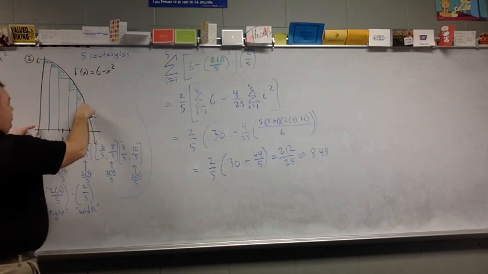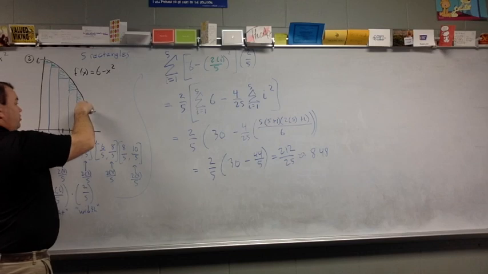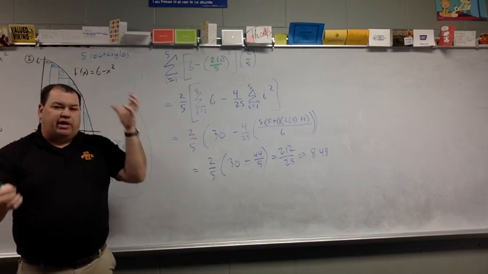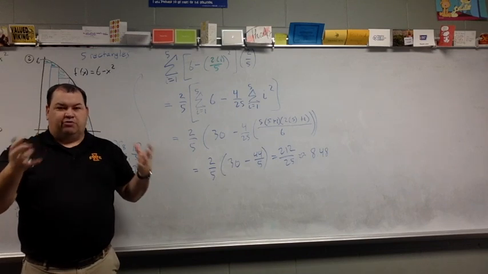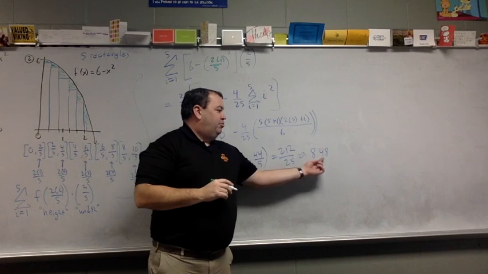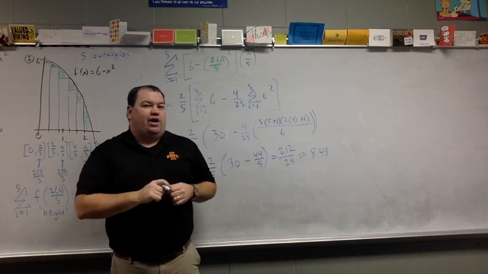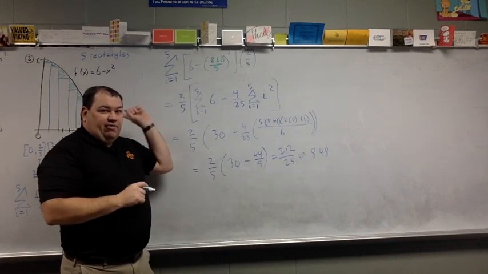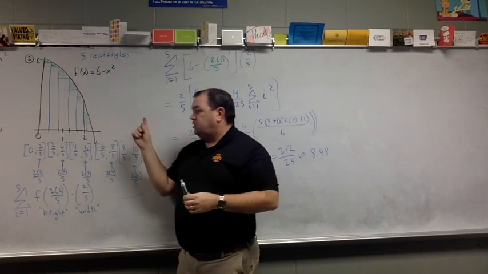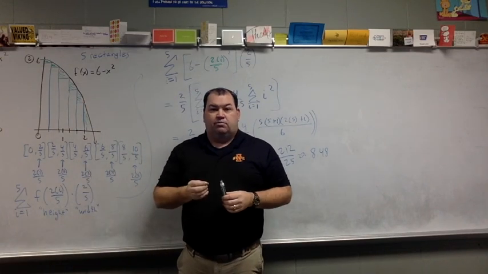If I take this one, when I plug a 2 in here, now I have 2 times 2, which is 4. 4 is too small, so I know I have to be somewhere between 12 and 4. And I am. I'm at 8.48. But the question you have to ask is, are 5 rectangles enough, or what's going to make this even better?